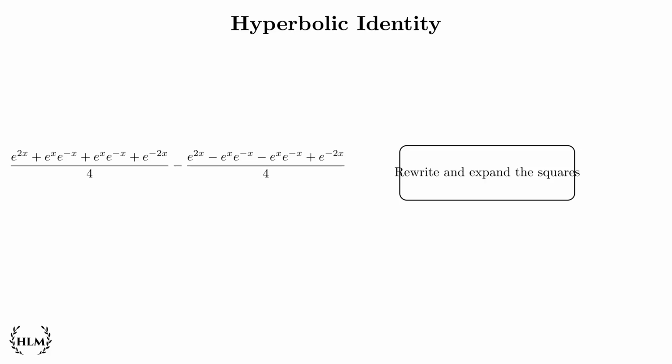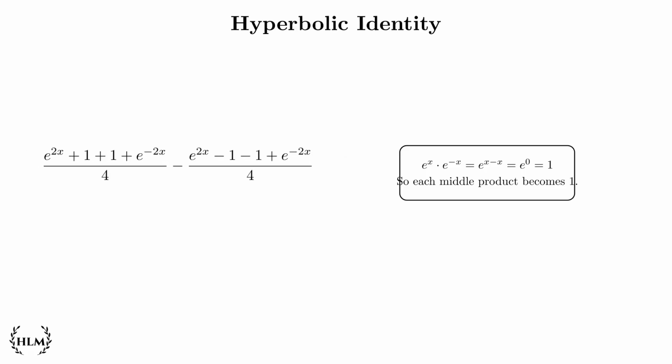And that's another exponent law that we use to get 1 for e to the x times e to the negative x. And then similarly for the hyperbolic sine, in brackets we get e to the 2x minus 1 minus 1 plus e to the negative 2x all over 4.